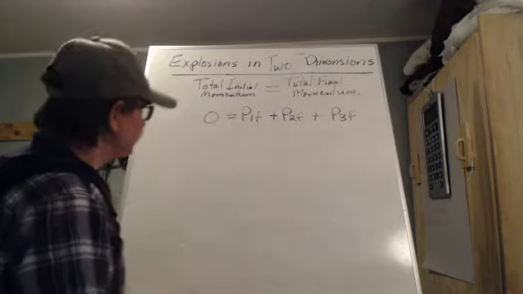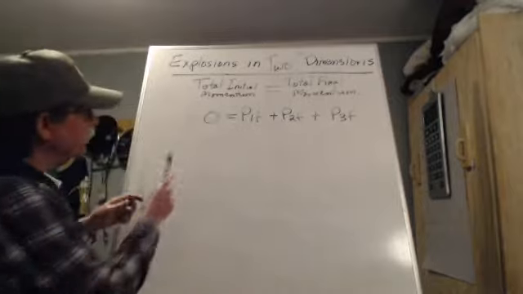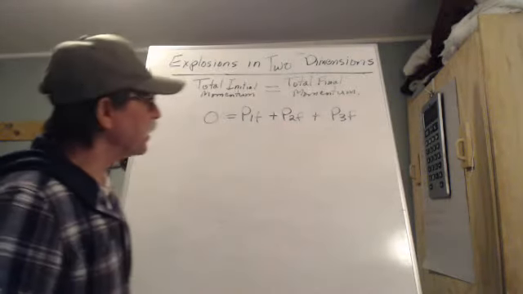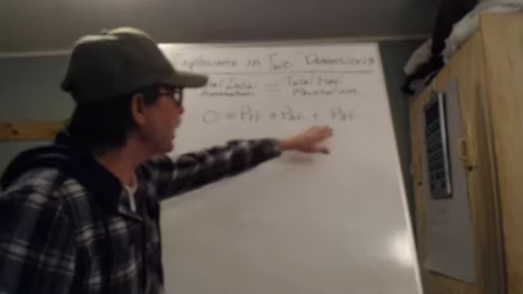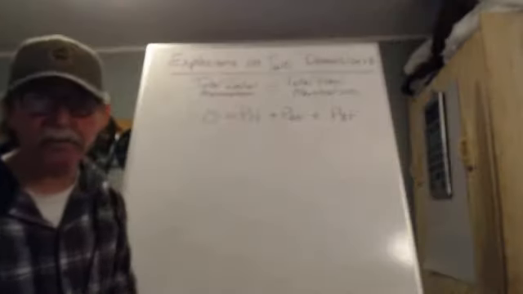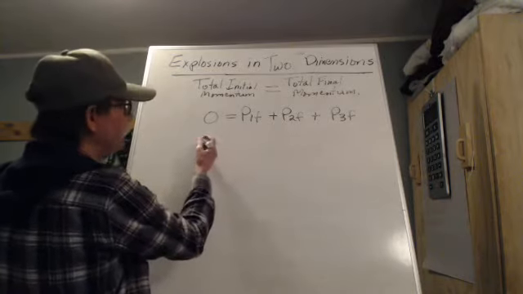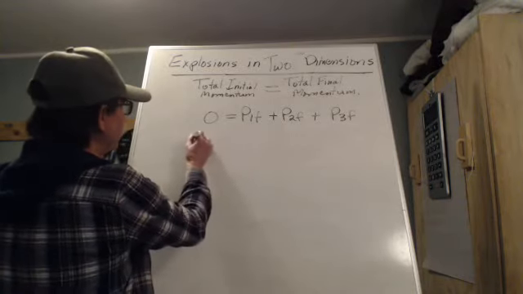So here we go. We have 0 is equal to P1F plus P2F plus P3F. I want to get P3F all by itself, and so that's what I'll do. I'll take it away from both sides, and I'll end up with this.